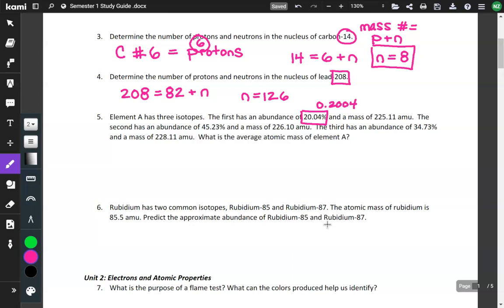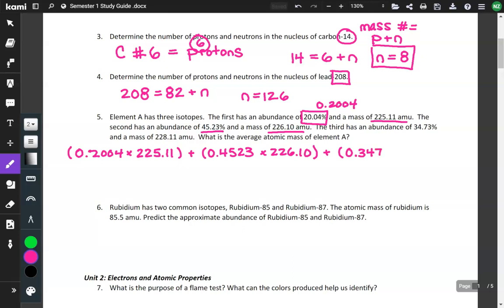So I have 0.2004 times its mass, which is 225.11. I'm going to add that to the next one. So I'm going to move my decimal place 2 times to the left, 0.4523 times 226.10. And then the third, 0.3473 times 228.11.